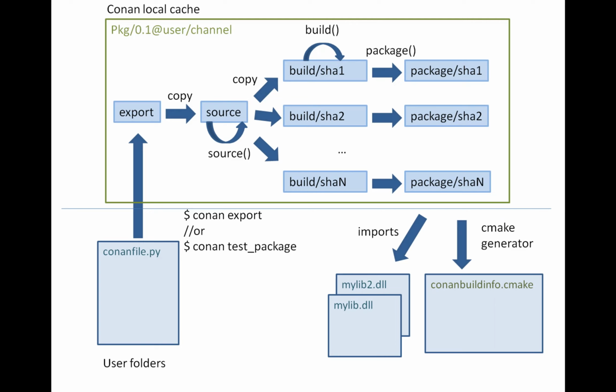Also, if you want, after building, you can remove just the build folder and keep the export and the package, keep everything, and just remove the temporary build folder to free this space. So this is the reason we prefer to make sure that the build is always clean, and we don't allow sharing the same source code for different builds.